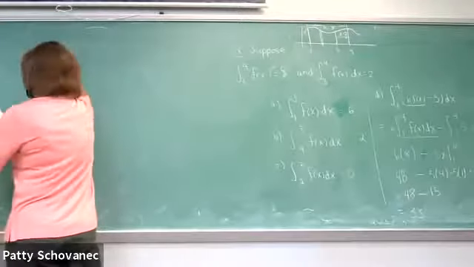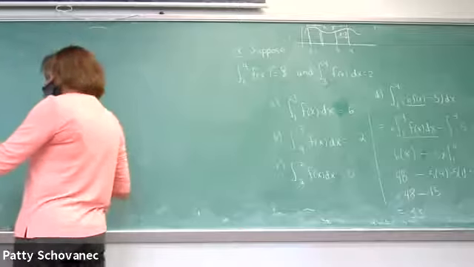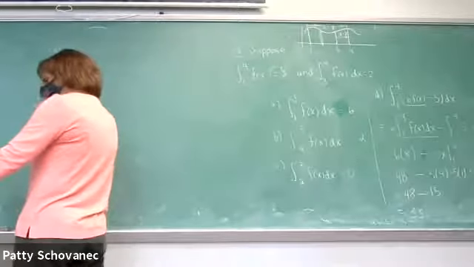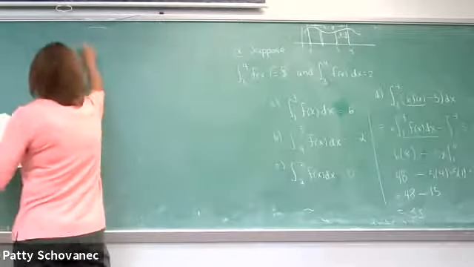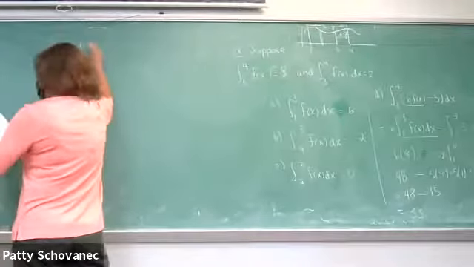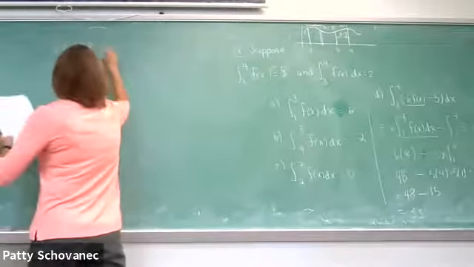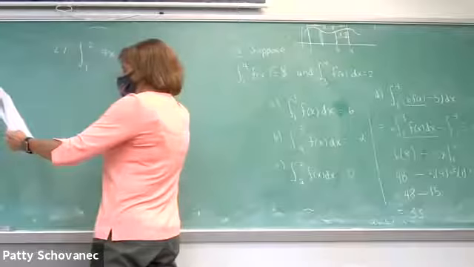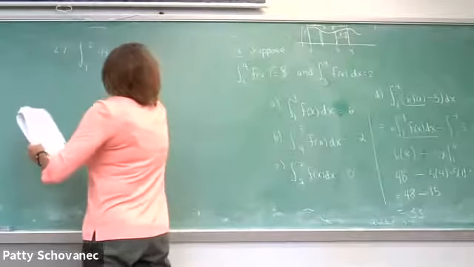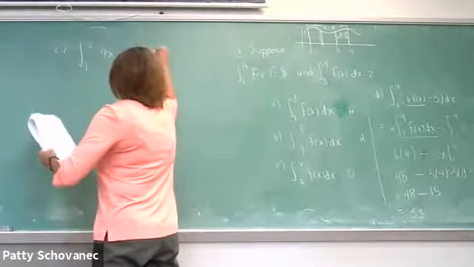Second one, integrate from, oh gosh, let's go from 1 to 2, 4x minus 1 over x squared dx.